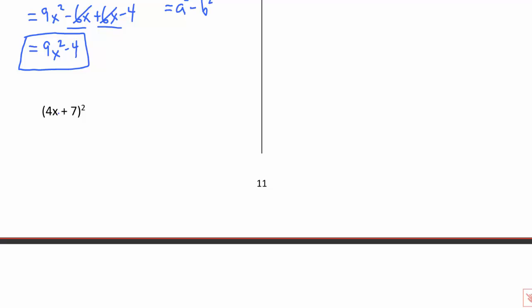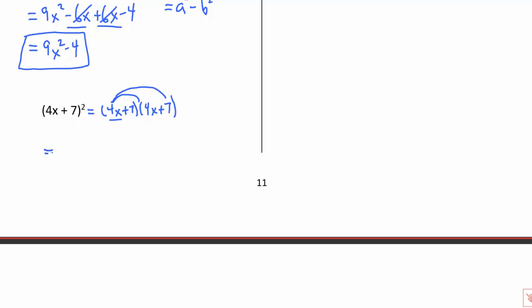Now let's look at (4x + 7) squared. Well, let's look at what this actually means. This means (4x + 7) times (4x + 7). Again, this is just foiling, so distribute the 4x, and that gives me 16x squared plus 28x.